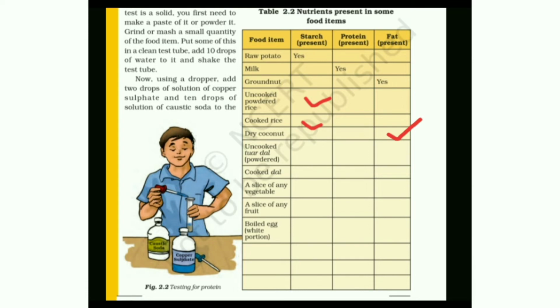Cooked dal has protein. A slice of any vegetable has starch. A slice of any fruit also contains starch. Boiled egg, the white portion. Remember that the white portion of the egg contains protein, but the yellow is the fat.